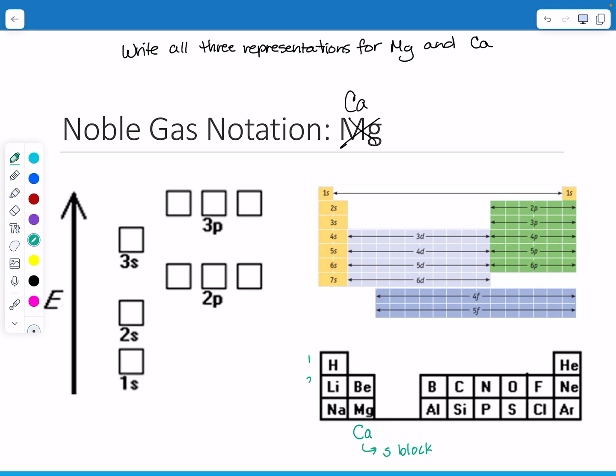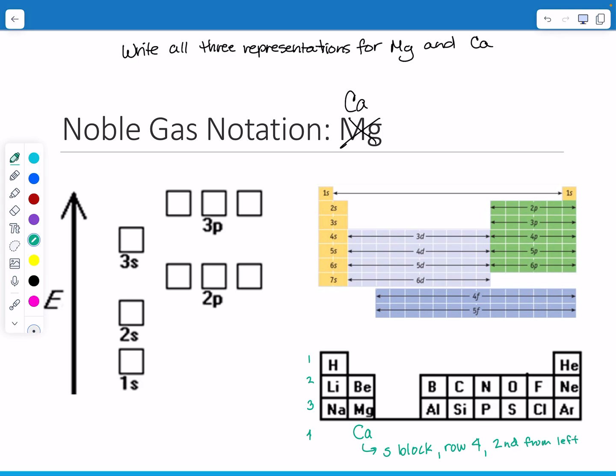So it's directly below magnesium, so it's in row 4. And how many blocks in is it, if we're going from the left? 2. Right. So it's the second from the left.